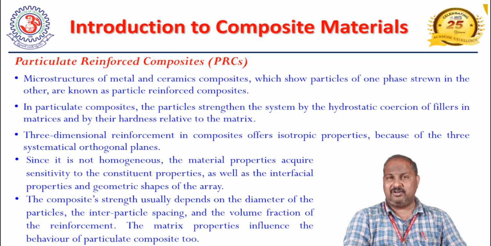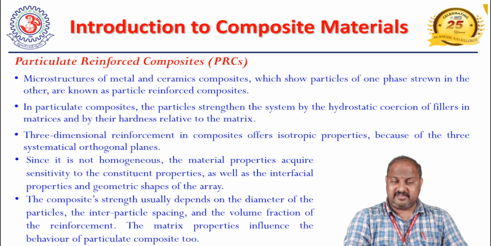It is very difficult to say highly isotropic, but nearly isotropic kind of properties is possible when we go with the particulate reinforced composite, since the particles are dispersed or distributed throughout the volume of the matrix, to some extent we can achieve it.